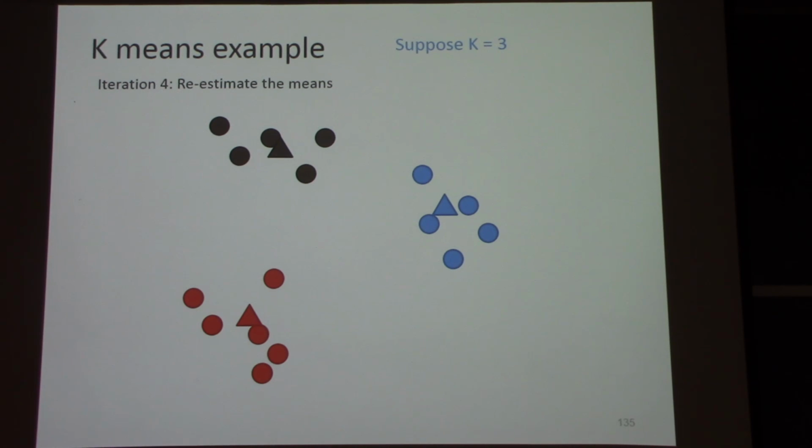So just to quickly summarize, the k-means algorithm is an instance of hard EM. If this were not hard EM, I would not be assigning labels to all these circles. Instead, for every circle, I would have a probability distribution over the 3 labels. Question? So for k-means, it looks like here, the means would stop moving because you're not adding any points.